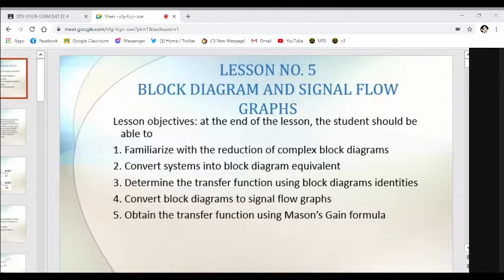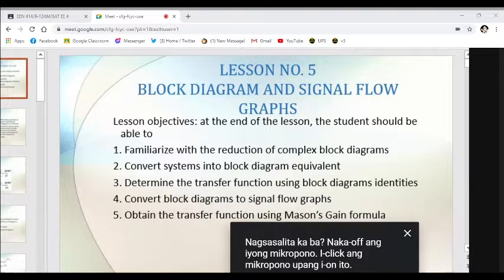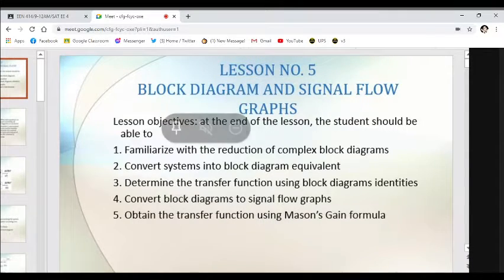We will study the block diagram algebra later, and transfer functions using the block diagrams, and convert block diagrams to signal flow graphs. And we can apply Mason's gain formula from the signal flow graphs.